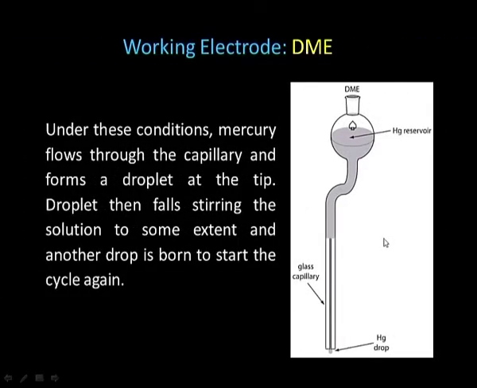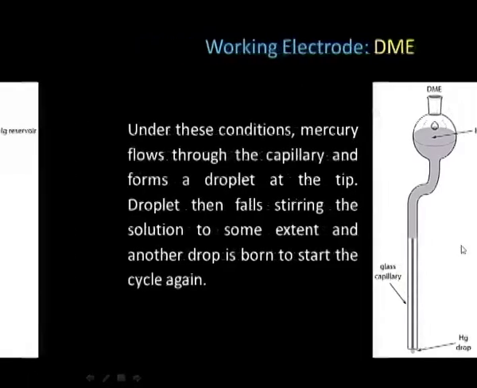Under these conditions, mercury flows through the capillary and forms a droplet at the tip, and the droplet then falls, stirring the solution to some extent, and another drop is born to start the cycle again, which means always a fresh surface of mercury is available at the tip of the capillary.